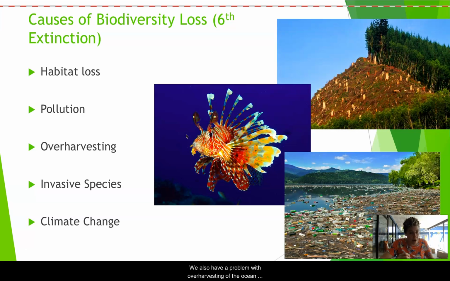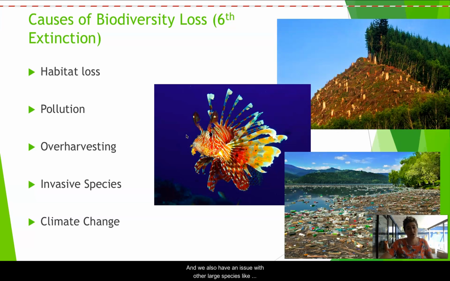We also have a problem with overharvesting of the oceans, particularly of large species of fish and marine life, but also even some of the smaller species. And when we get into fresh waters and oceans, we'll look more at what that is. But for an example, we have decimated at least one whale population and have been working towards doing so with several other whale populations.